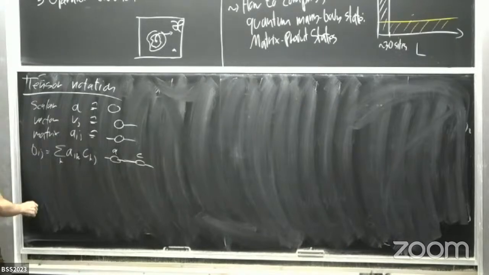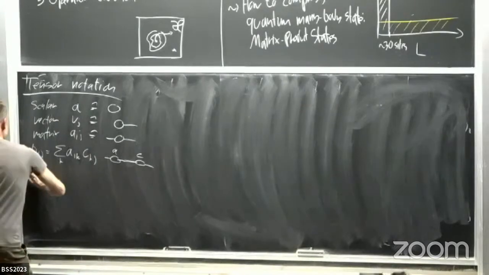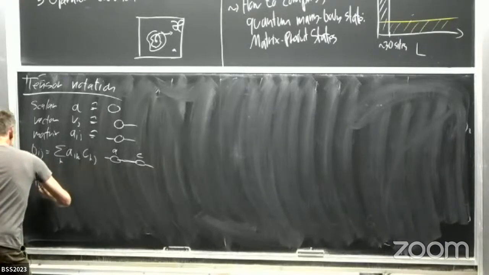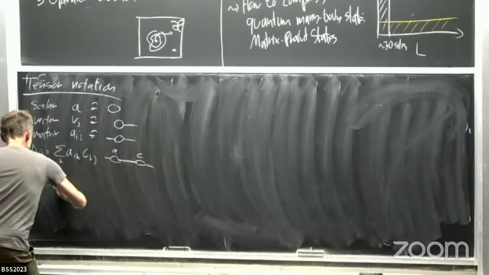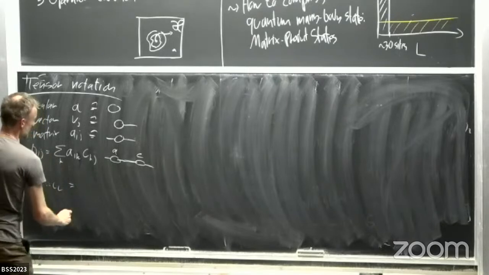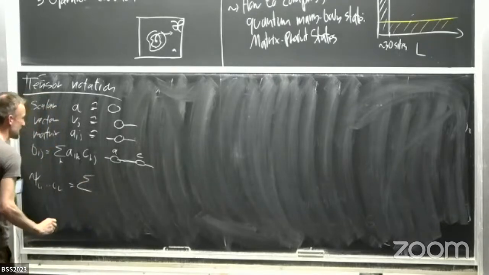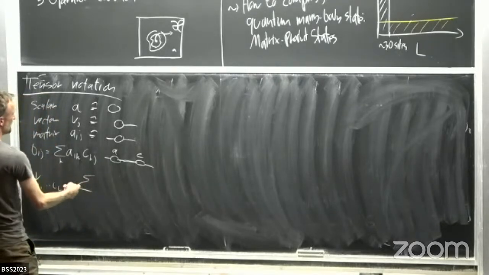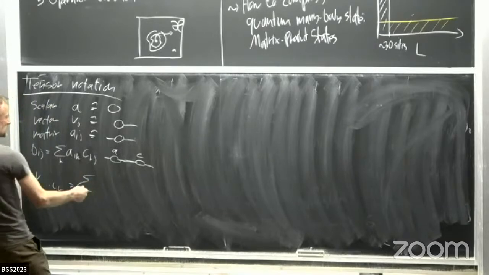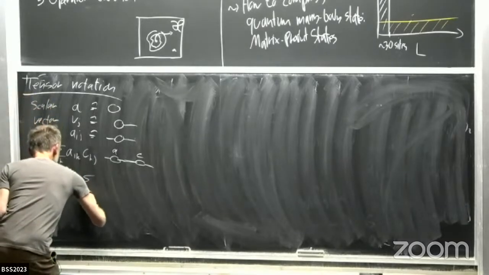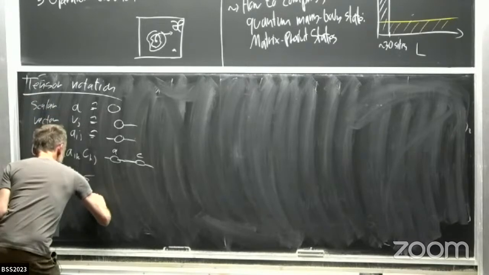So recall for the matrix product state, I have my amplitude psi(i1 through iL), and that's given now, if I write it out, by the product of all these matrices. So I have the sum over alpha, beta, and so on.